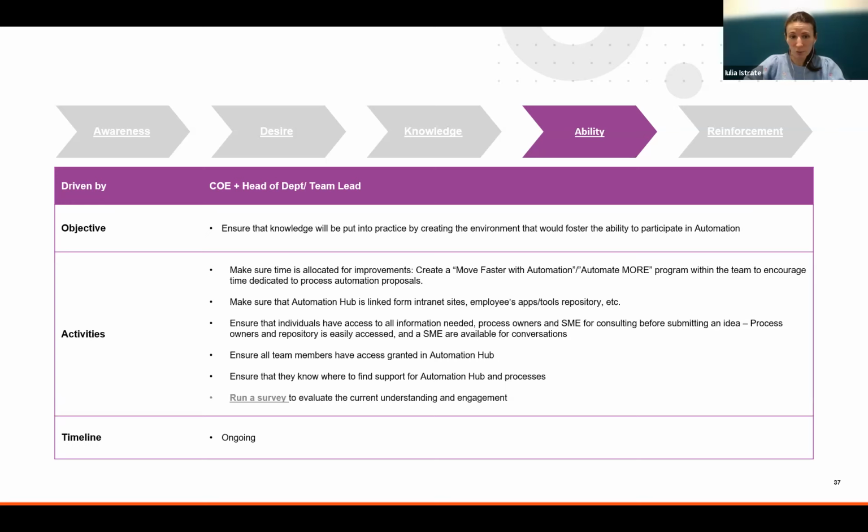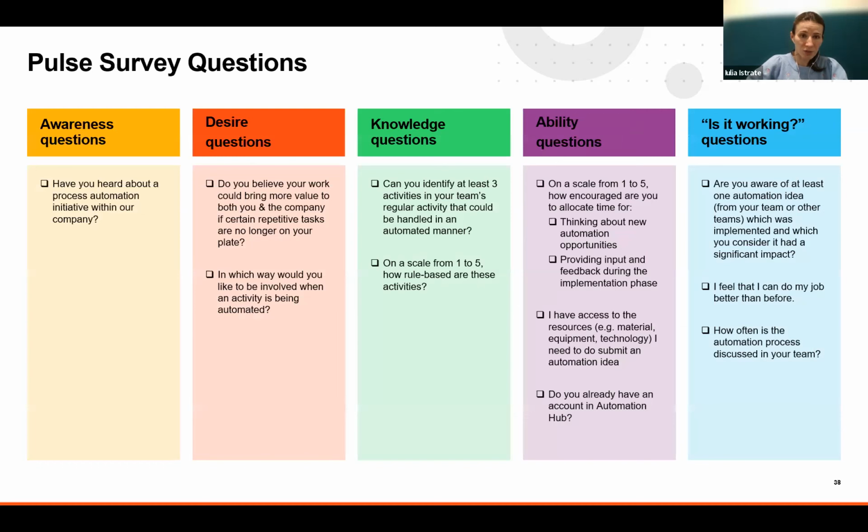And last but not least, we also recommend running from time to time a survey just to understand how people actually understand Automation Hub after a certain amount of time and whether they find it valuable. These are some examples of questions that you might want to use in order to understand the level of awareness, the desire that was created, how much knowledge they have, and how able they feel in using the product, Automation Hub.